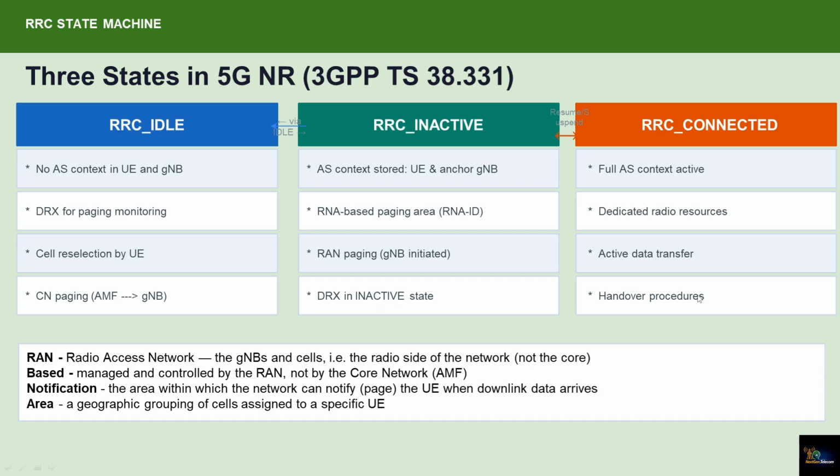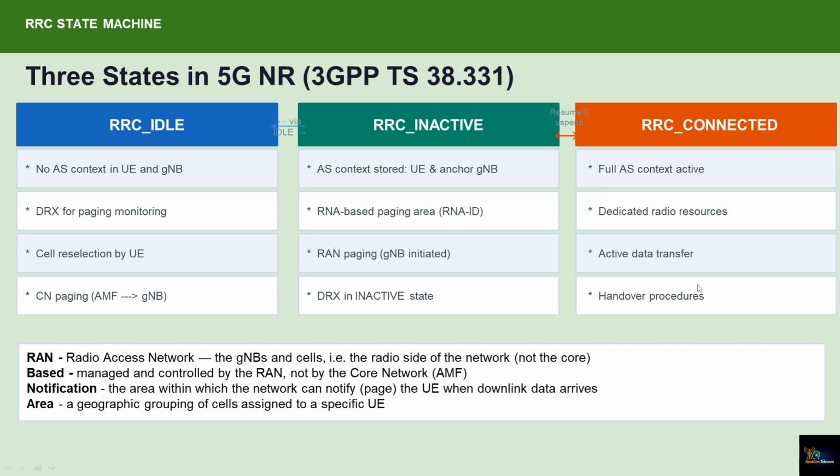It will be updated by the UE, but because this state is RRC Inactive, it hides the device's sleep state from the core network. So the local radio network, the RAN, takes over the responsibility of tracking the device.